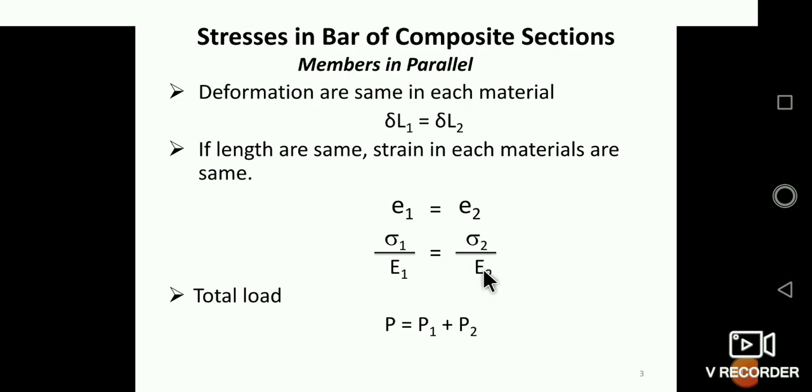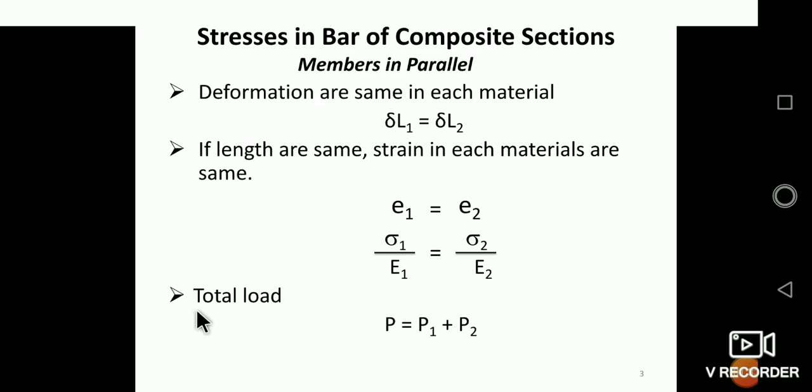This formula is actually from Young's modulus, which we studied as capital E is equal to sigma upon small e. Here, for our convenience, we have changed the formula in terms of small e. So it becomes sigma 1 upon E1 is equal to sigma 2 upon E2. This is the important formula you need to remember for solving these types of sums.